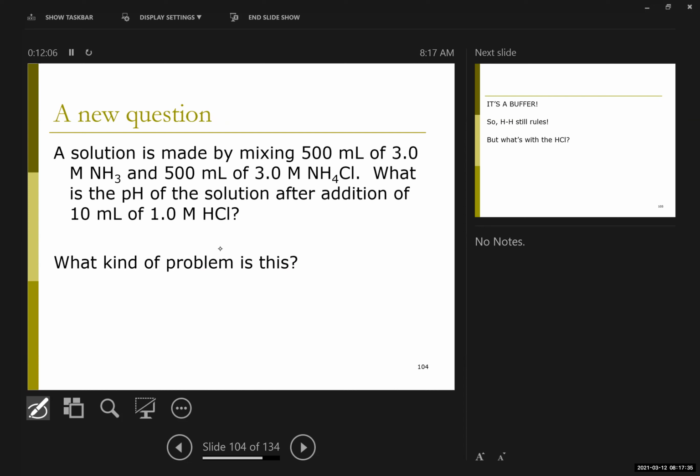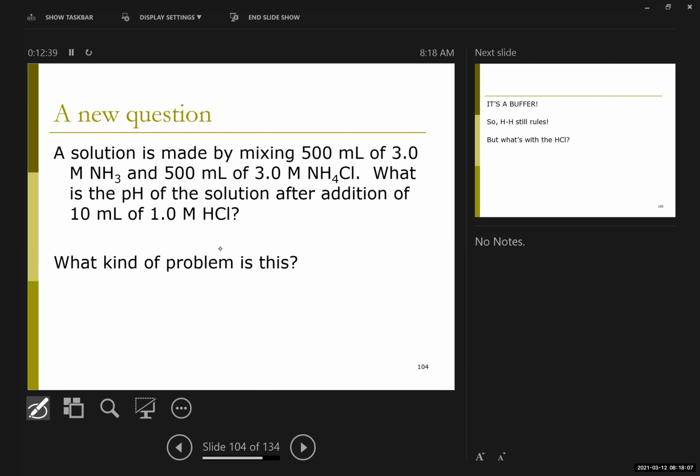But even more than that, the only point to making a buffer is because you're trying to prevent the pH from moving. The one property that a buffer has that makes it useful is that resistance to pH changes, which means I really only use buffers when I'm adding even more acid or more base to the situation, as in the problem here.